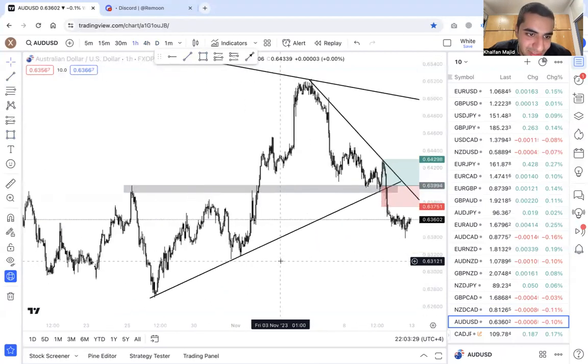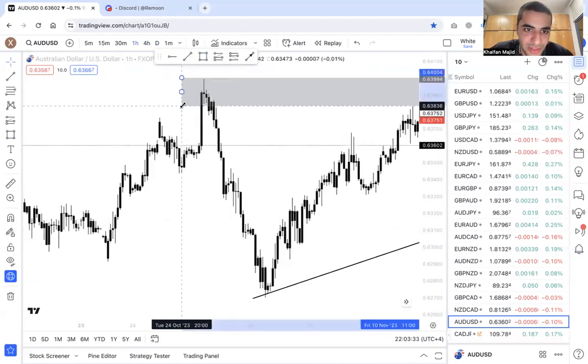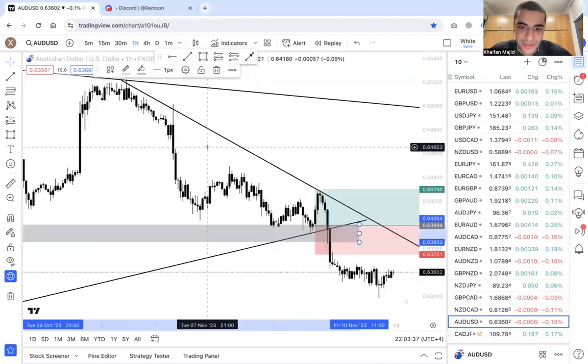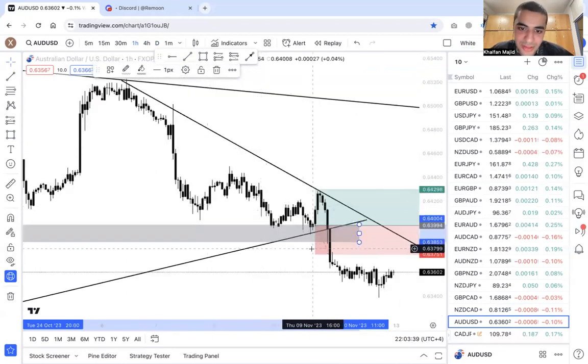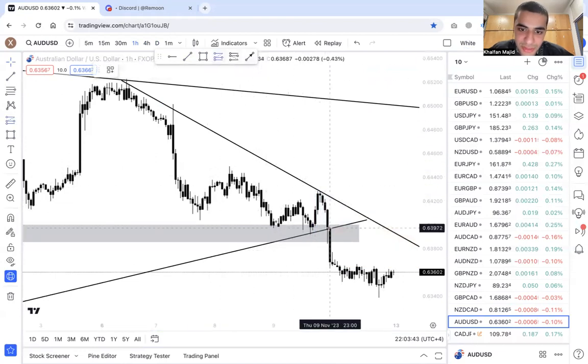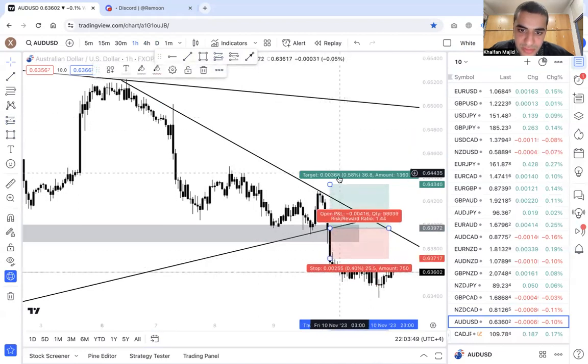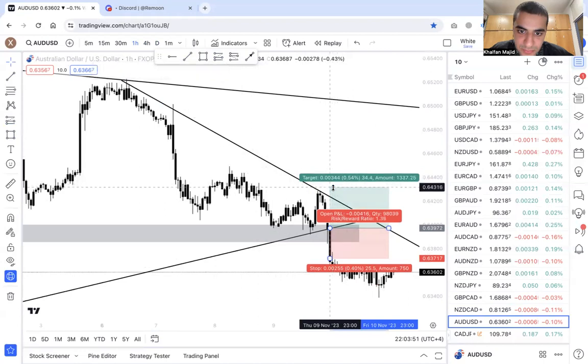Because the zone is drawn like this, or maybe I'll draw it like this. Yeah, I'll genuinely draw it like this. But wait, so rejection in the middle of the zone. So I'll do it like this, 1 to 25.